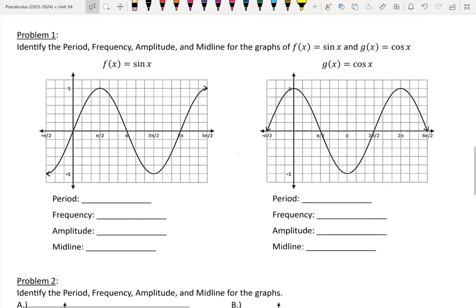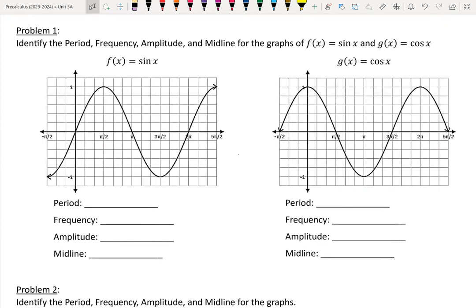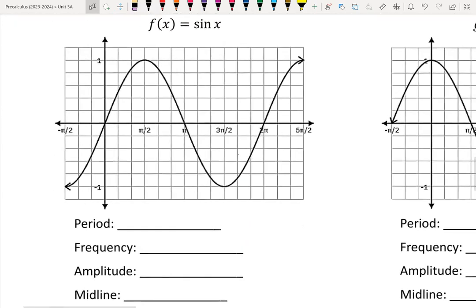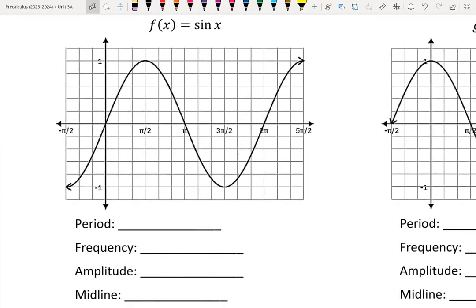So let's go ahead and turn the page and look at problem number 1 here. We're going to start with sine. All right, so sine of x. So we want to start with the period. So this is the part that repeats itself.